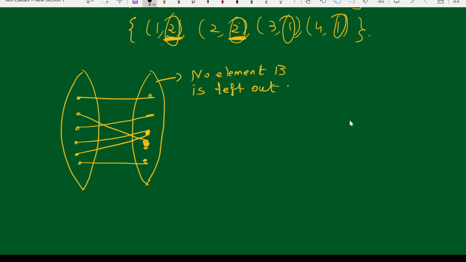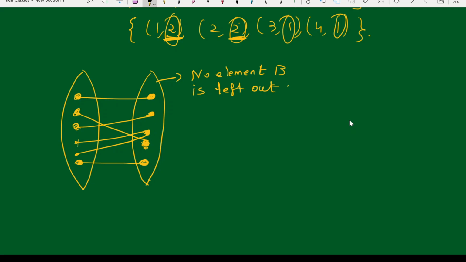So first element, this element has a pre-image. This element has a pre-image. Even so, this one has 2 pre-images, but it has. This element has 1 pre-image. This element has only 1 pre-image. So every element in B has at least one pre-image in A. In simple language, no element in B is left out.